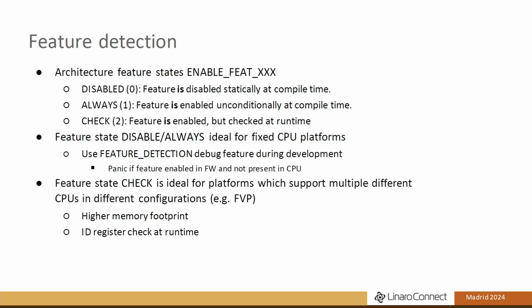Along with that, we also introduced a new feature detection debug feature, which you can use at development time to see any disparity between hardware capability and firmware enablement. In the case where the CPU does not have a feature and firmware has enabled it, it will simply panic early on.